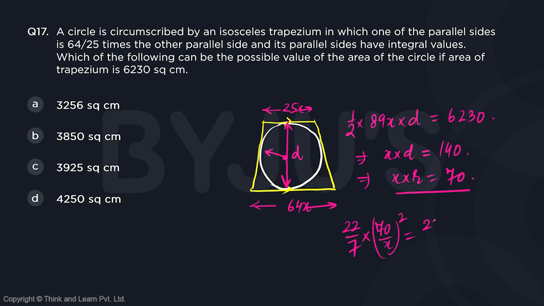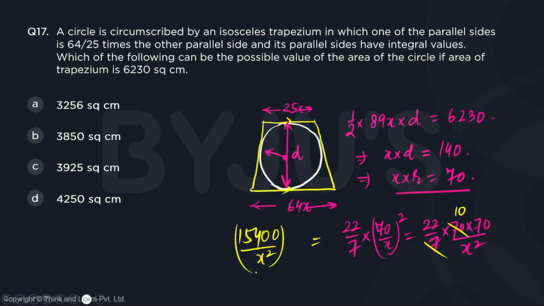So this becomes 22 by 7 into 70 into 70 upon x square. x could be 1, x could be 2, we don't know that yet. So the 7 and 70 go away, leaving 10. 22 into 7 is 154, so this becomes 154 followed by 20 upon x square.